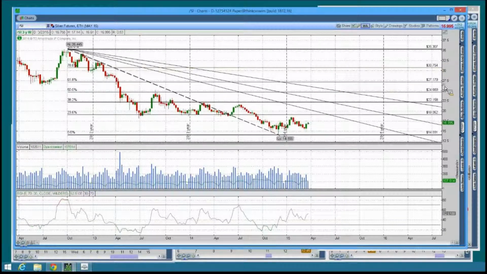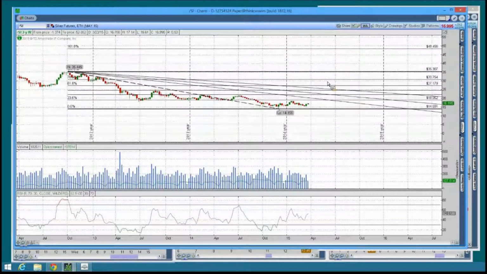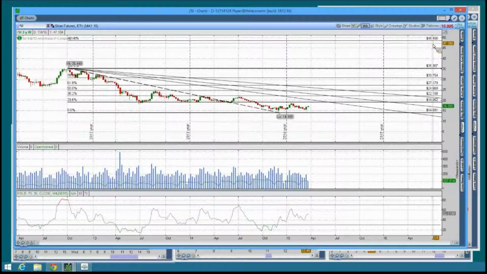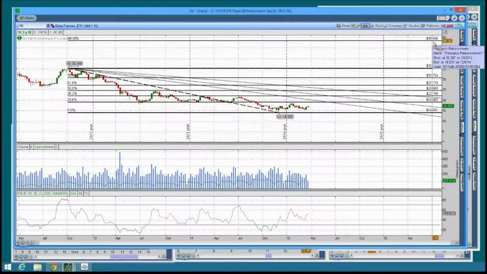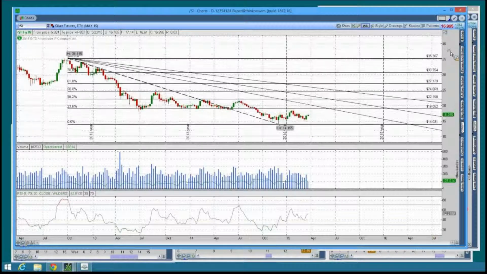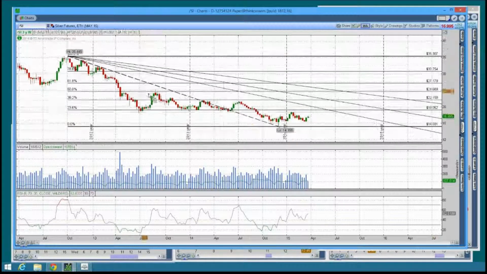Needless to say, if we do break above this new high that was made at $35, then we're looking at a target of about $48 for the silver market, which I believe we will see taking place over the next 2 to 3 years, if not sooner. I think what we're looking at is the beginning building process of this long-term bottom that seems to be building in the price of silver and the gold market.